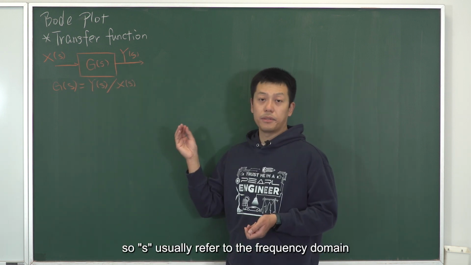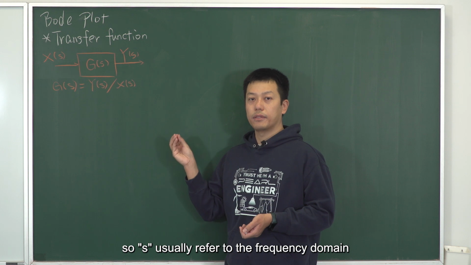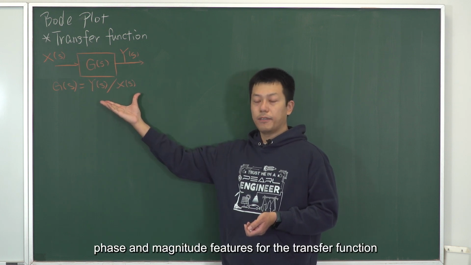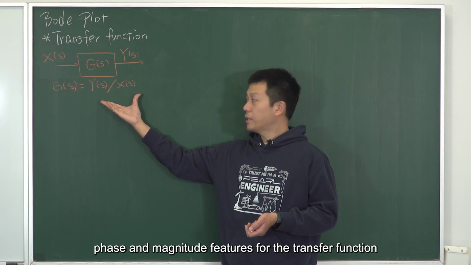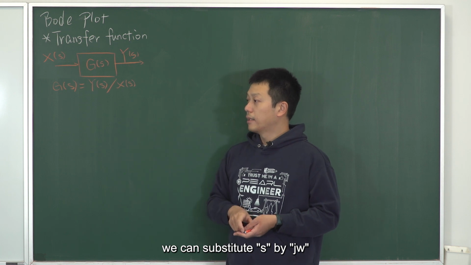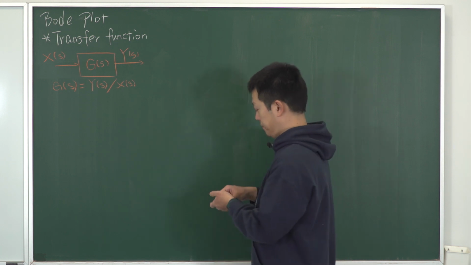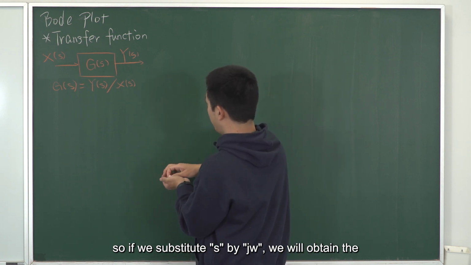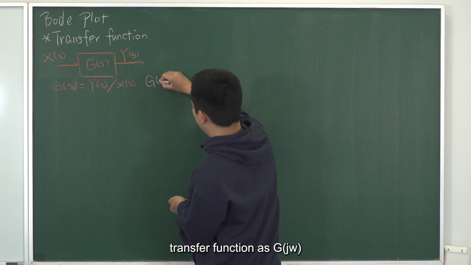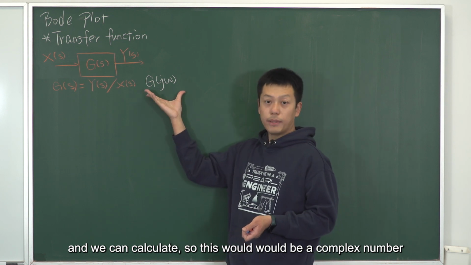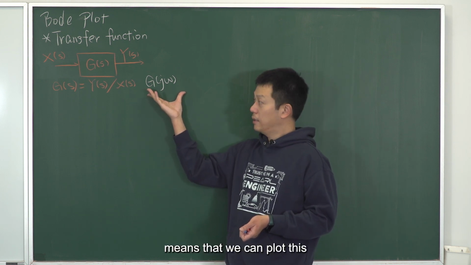S usually refers to the frequency domain. In order to analyze the phase and magnitude features of the transfer function, we can substitute s by jω. If we substitute s by jω, we obtain the transfer function G(jω), and we can calculate it. This would be a complex number, right?